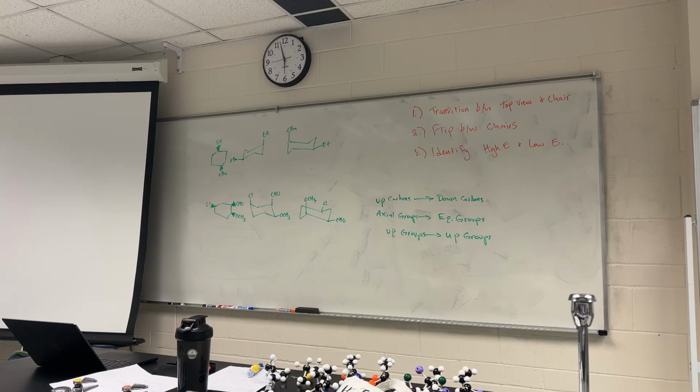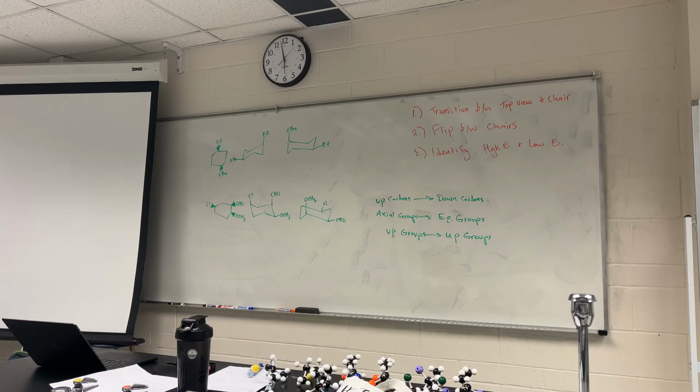So you did like, will it still be axial? No, equatorial. Because when groups swap through a chair flip, they'll become equatorial groups. So it does matter whether it's a down carbon? Yes.